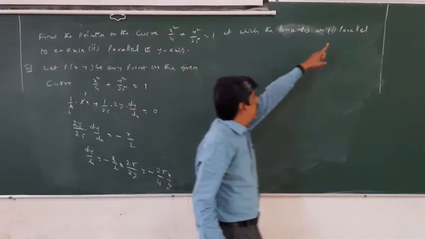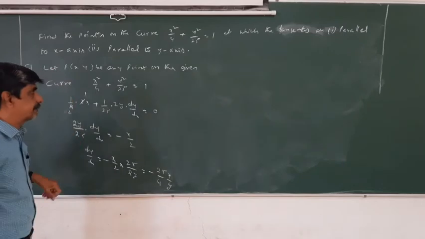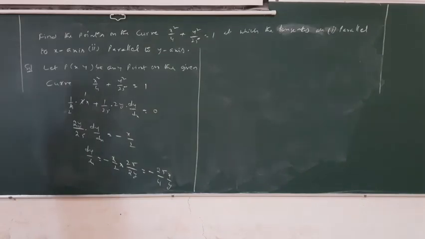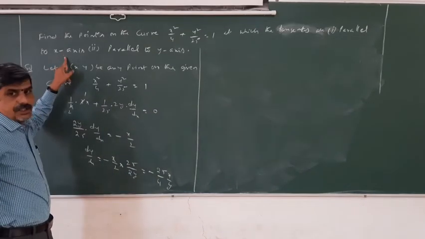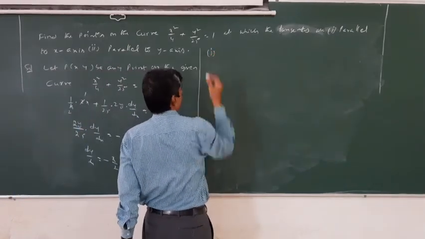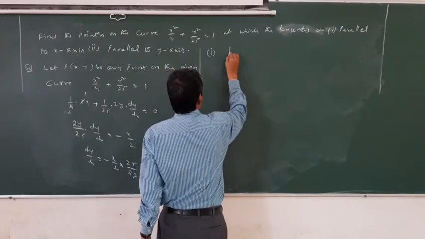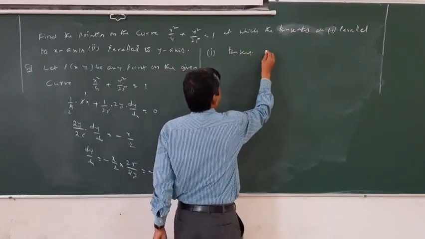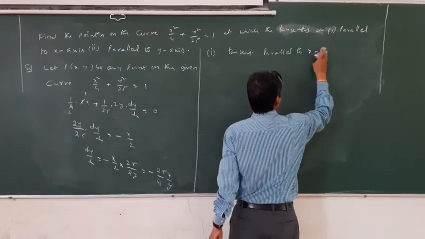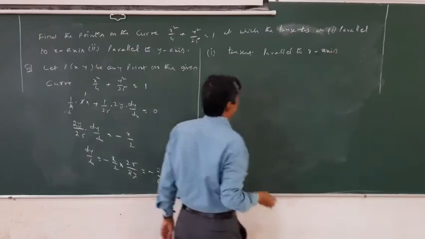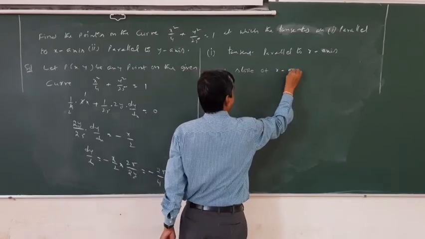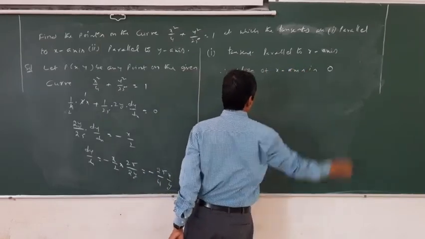But this tangent is parallel to x-axis. If any line is parallel to x-axis, it means slope of x-axis is 0. First point. Tangent parallel to x-axis. Therefore, slope of x-axis is 0.